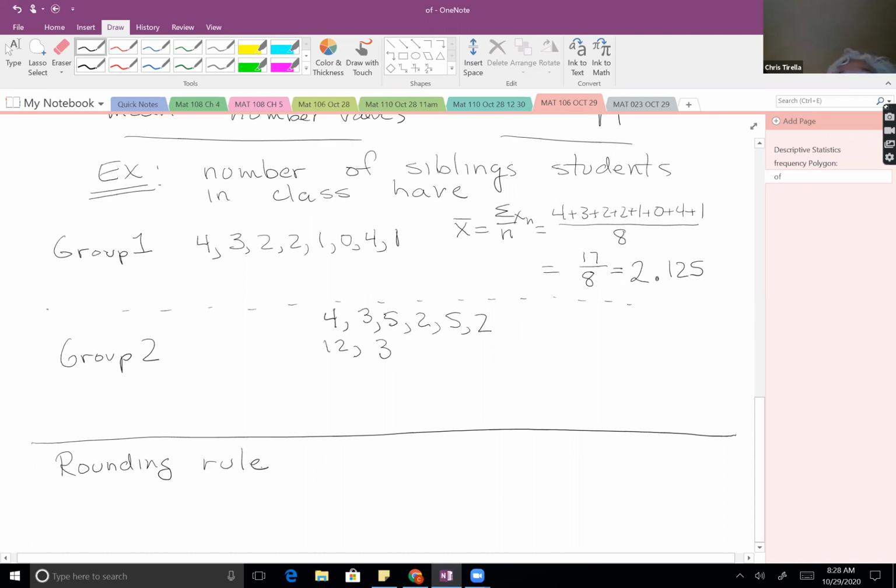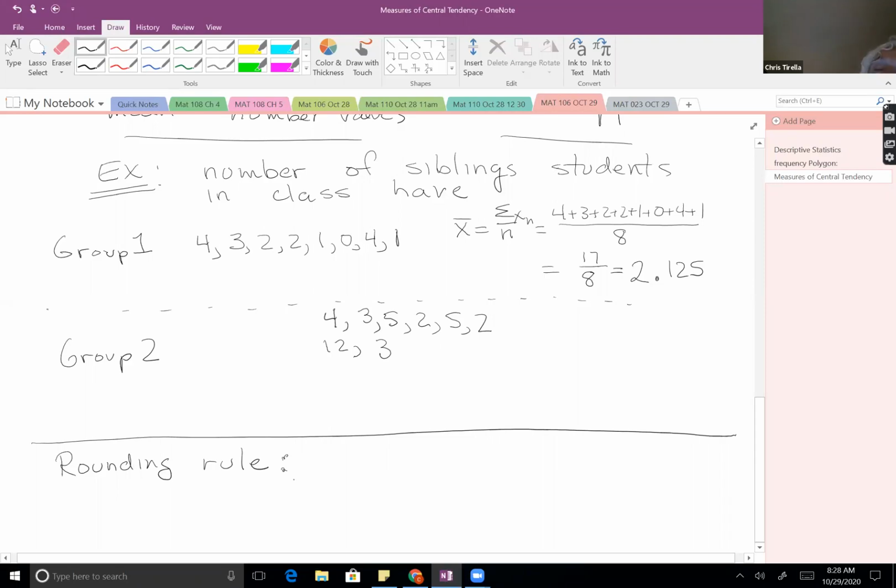No matter what my data represented, my values are all whole numbers here, right? Going back up to the average for group one, to see my result as a decimal worked out to the thousandth place, doesn't it look like my data values were much more exact than whole numbers?